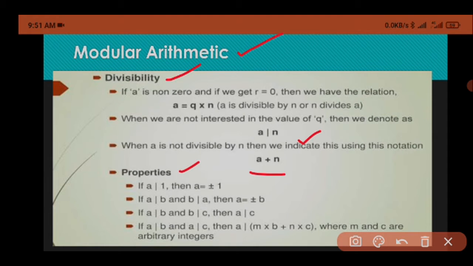What are the properties? If A divides 1, then A is equal to plus or minus 1, because only 1 can divide 1, right?